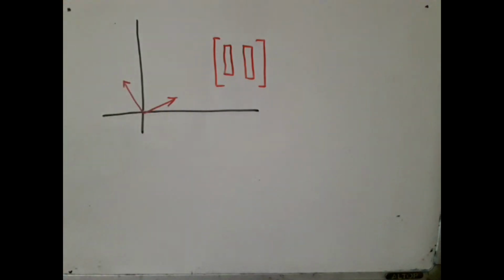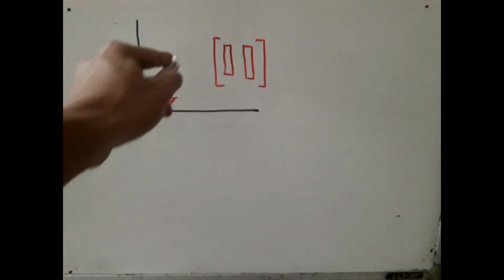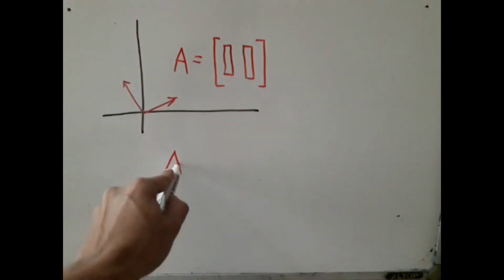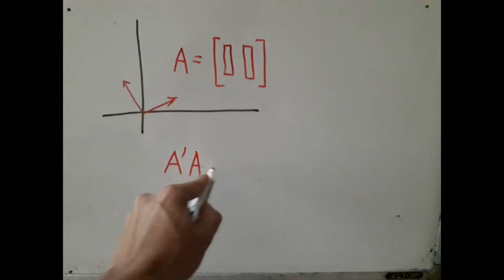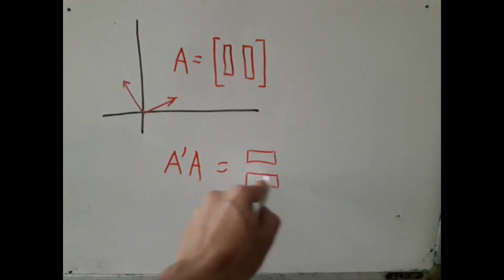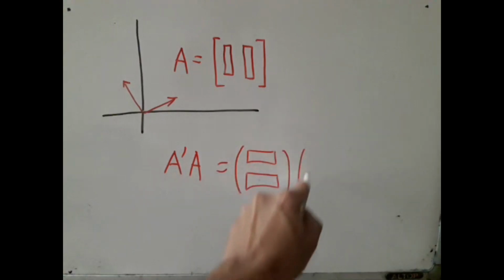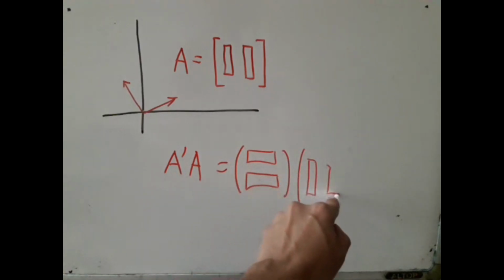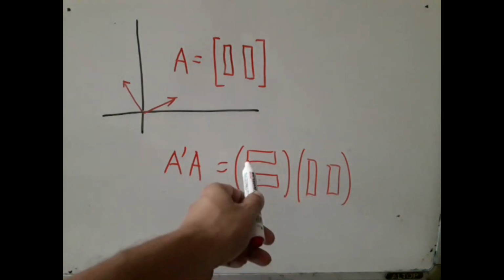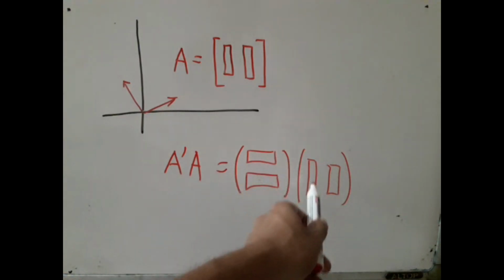Now why is that? That is pretty easy to see. I call this A. Now I have to check that A transpose A is equal to identity, which means I put them down horizontally and then again vertically. Now when I do this matrix multiplication, what am I doing? I am basically taking this times this.